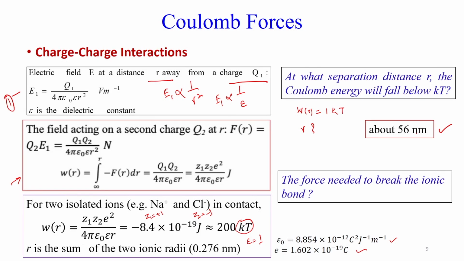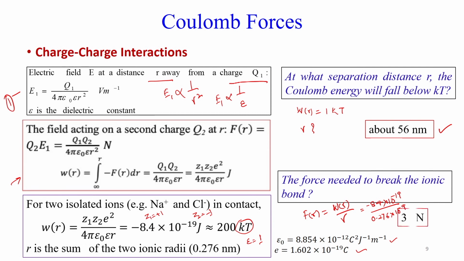Now one more thing we can calculate from this. If you want to break an ionic bond, how much force will be required? To calculate F of R, you can simply calculate W(R) upon R. W(R) was minus 8.4 into 10 to the power minus 19 and R is 0.276 into 10 to the power minus 9.